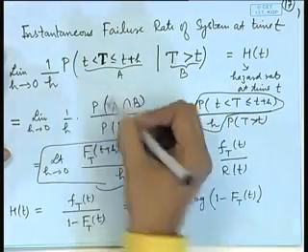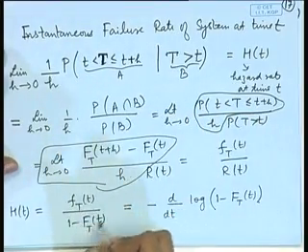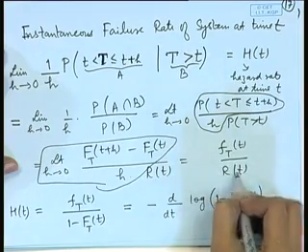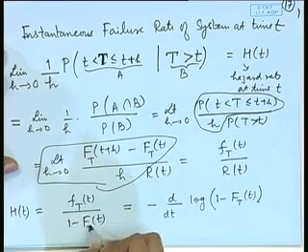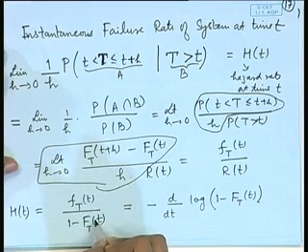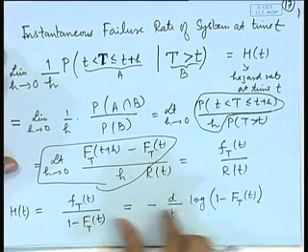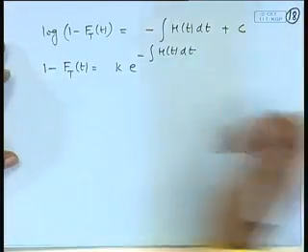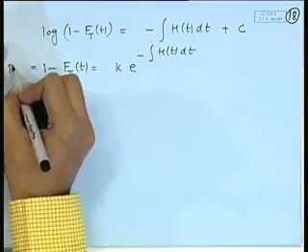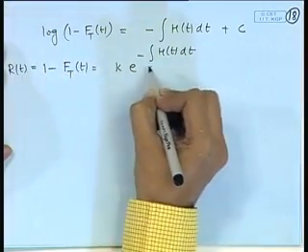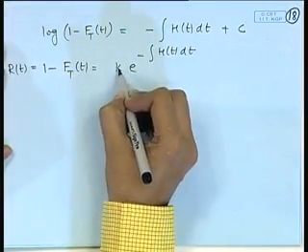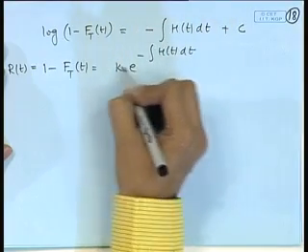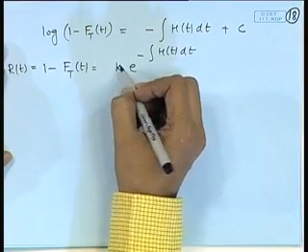We divided by h and calculated the expression for that, and it turns out to be the density function divided by the reliability function, or the density function divided by 1 minus the cumulative distribution function of the system. And there is an inverse relationship also, which we showed, that the reliability of the system is equal to a constant times e to the power minus integral of h(t) dt, where the constant has to be determined from the initial condition.